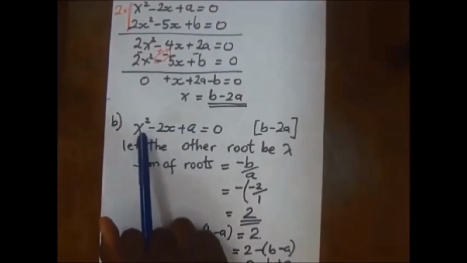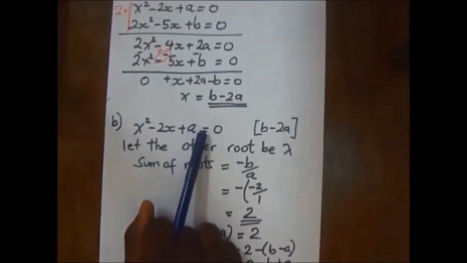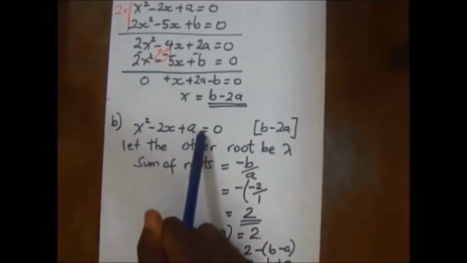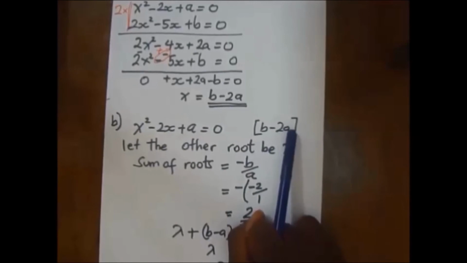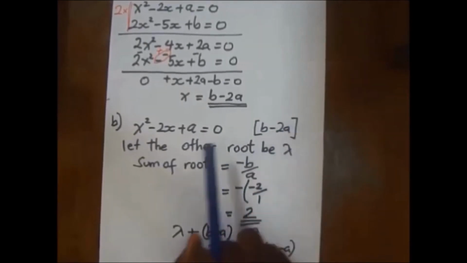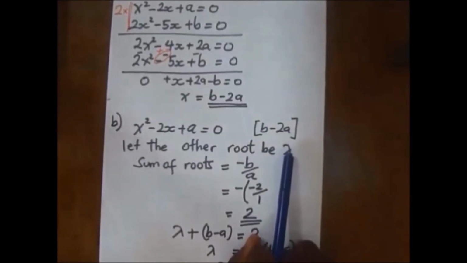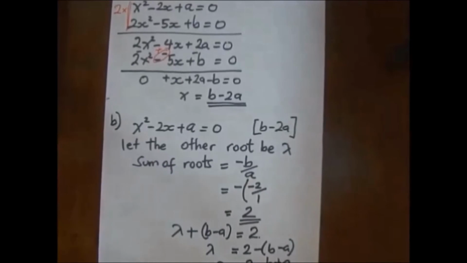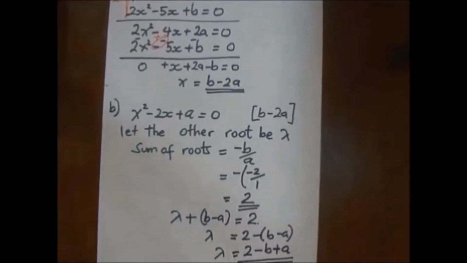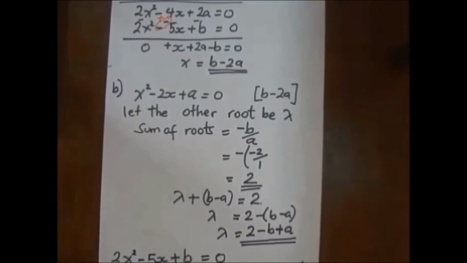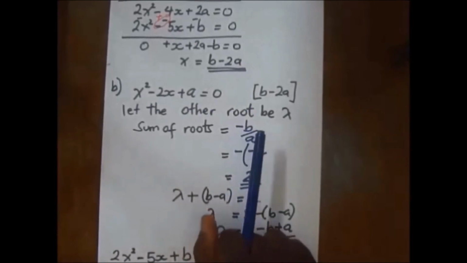We shall begin with one of the equations, x squared minus 2x plus a. One of the roots of this equation is b minus 2a. So now what is the other root? Let the other root be lambda. So if we say let the other root be lambda, we know that the sum of roots, from our past videos, is going to be equal to negative b over a.